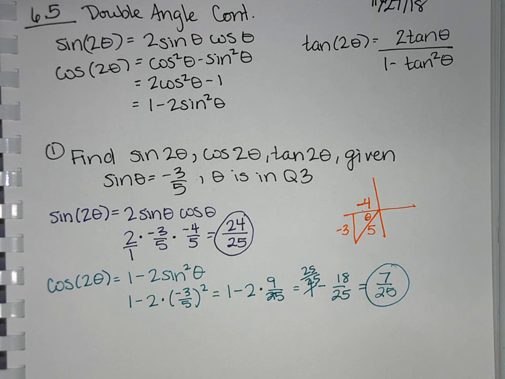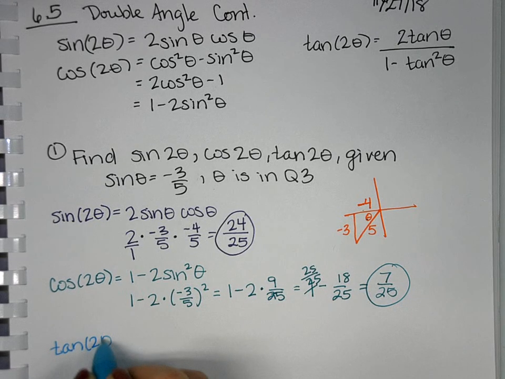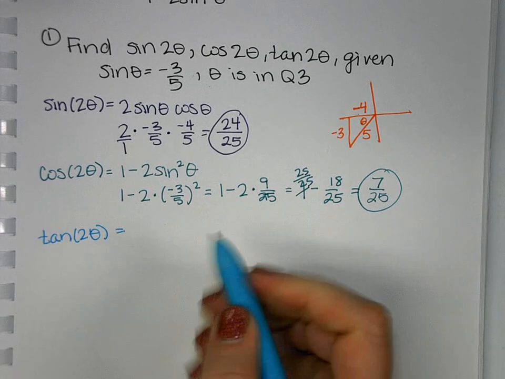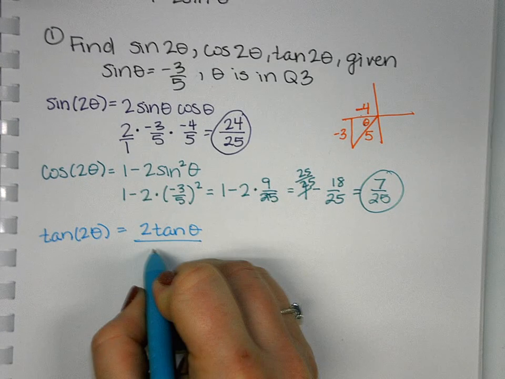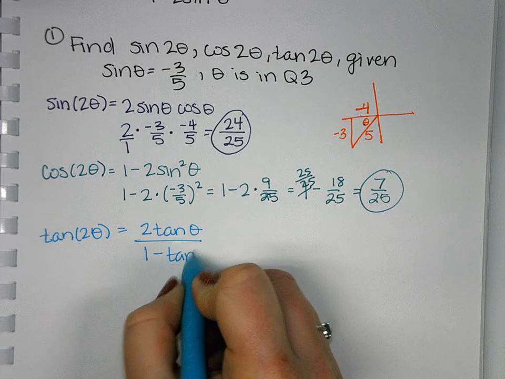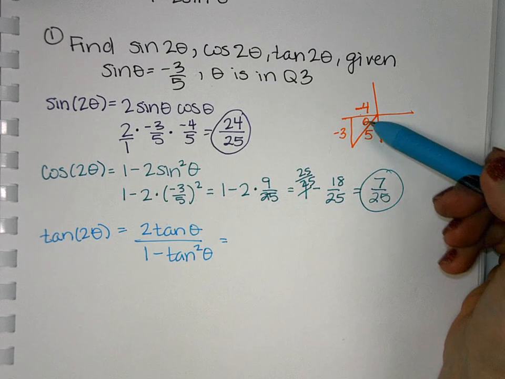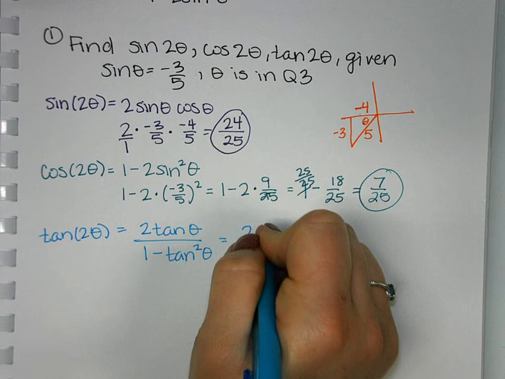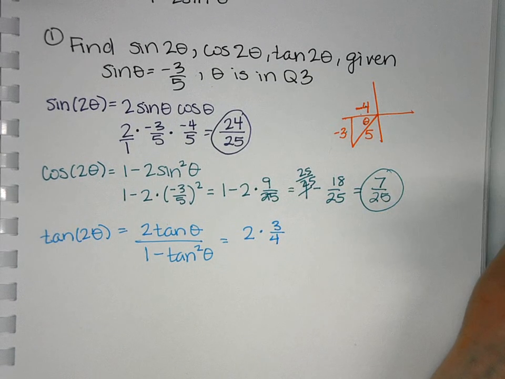All right, last up, tangent of 2 theta. Let's see, I need to move this up a bit. So our formula for tangent was 2 times tangent theta over 1 minus tangent squared theta. So again, here we're going to need to go to our picture to read off our tangent. So tangent is opposite over adjacent. So we're going to have 2 times positive 3 over 4, because they're both negative, which gives me a positive.